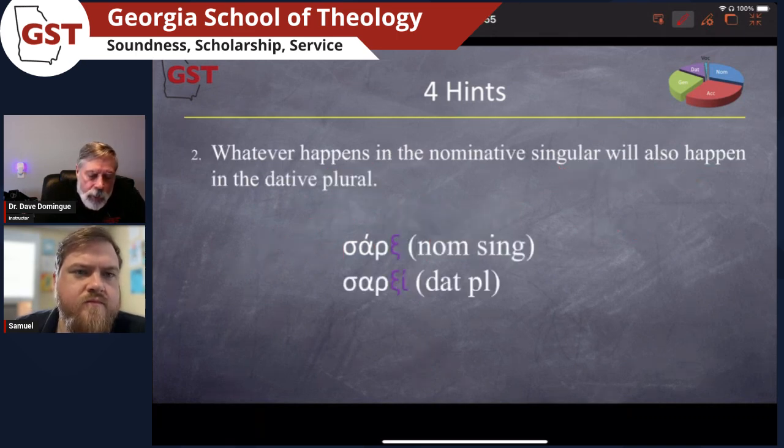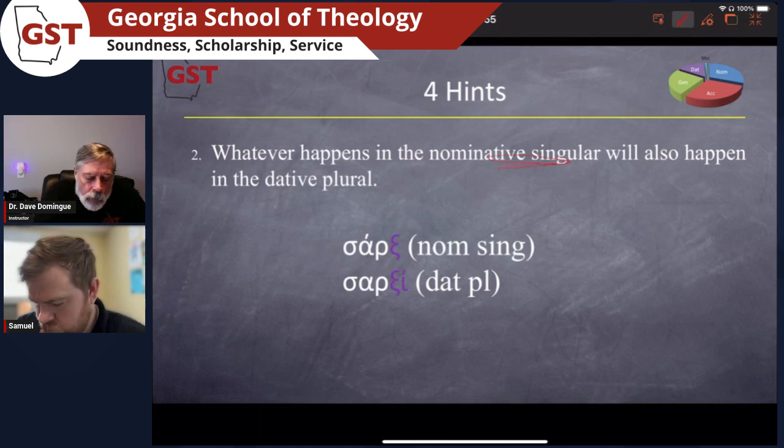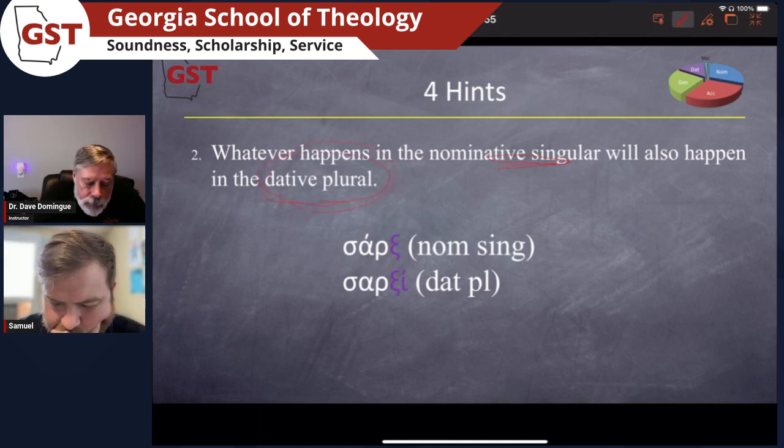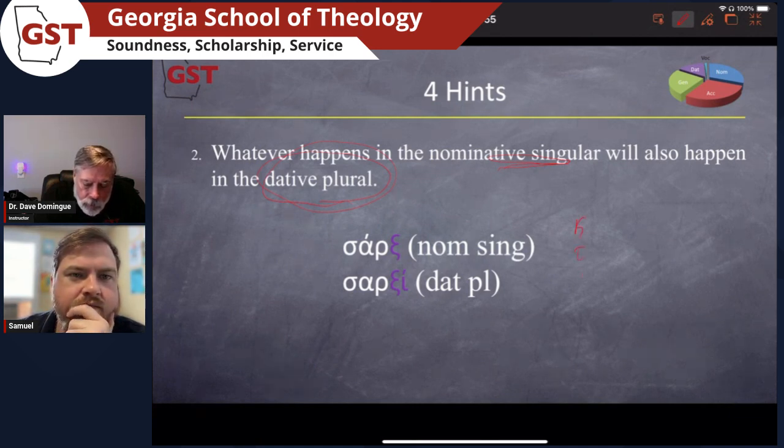Another hint is that whatever happens in the nominative singular will also happen in the dative plural. It will always be the same. And the reason is that when a consonant comes up against a sigma, it's going to change that consonant. And that sigma occurs in the nominative singular, right?